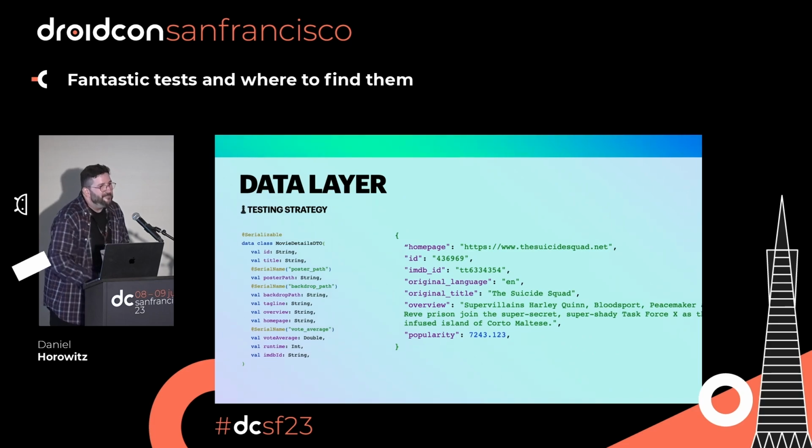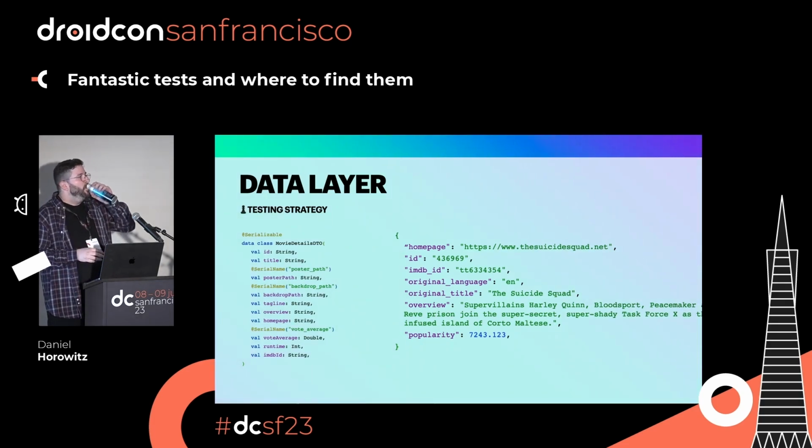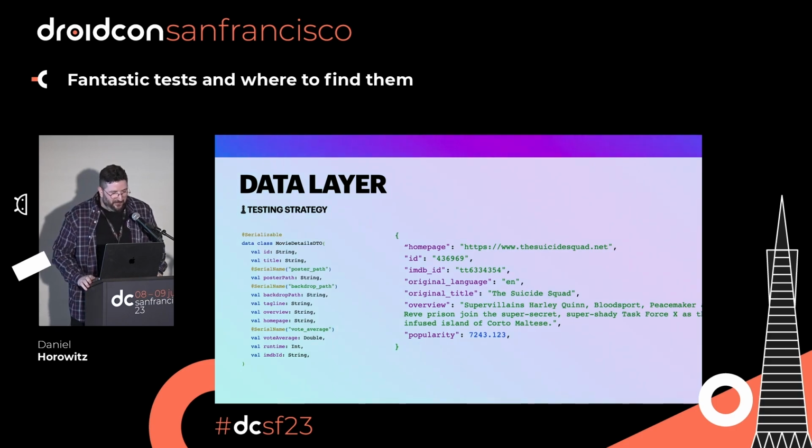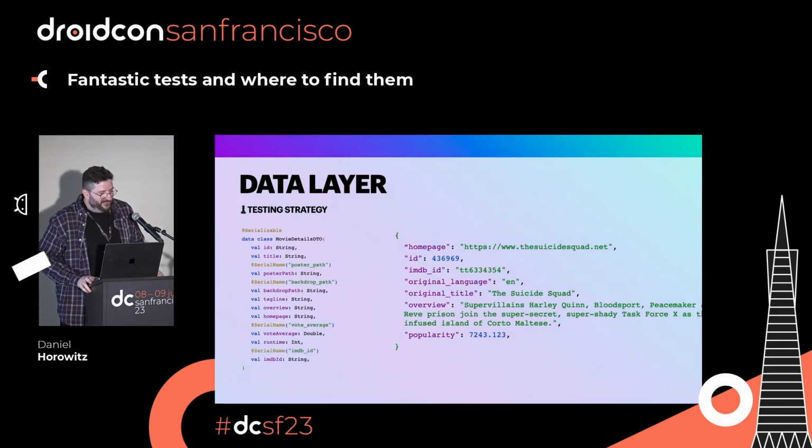So I'll drink some water while you think about it. Okay, let me help you. So do you see this field here? And this one? We are missing the serial name. So this test that we wrote is kind of worthless.